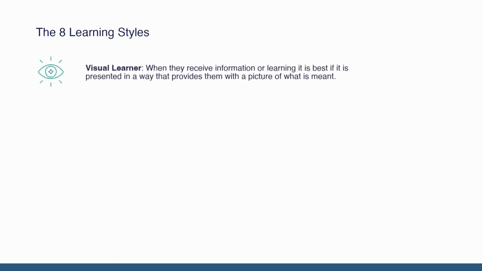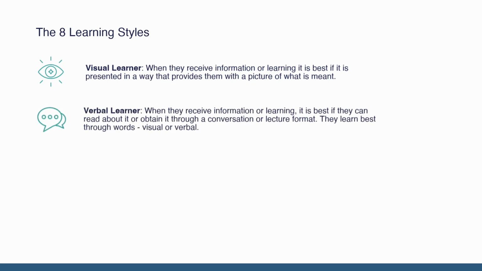If you have a visual learner, when your mentee receives information or learning, it's best that it's presented in a way that provides them with a picture of what is meant. If you have a mentee who's a verbal learner, when your mentee receives information or learning, it is best if they can read about it or obtain it through a conversation or lecture type format.